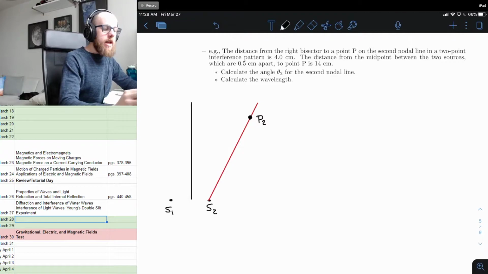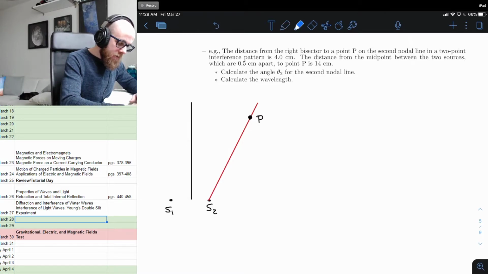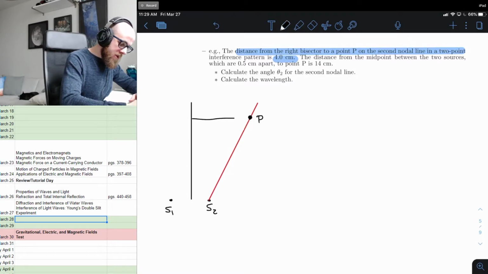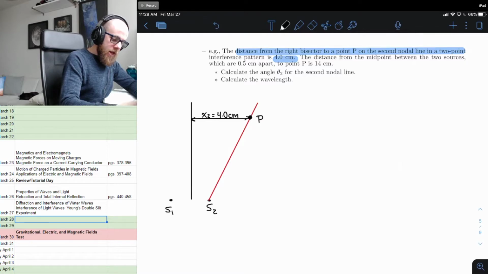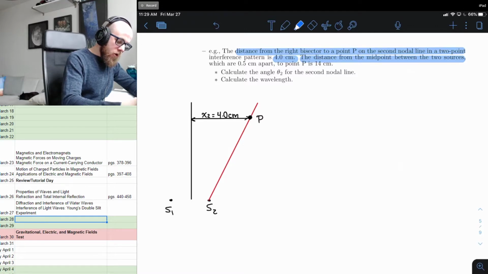I'm going to call this point P. Now, in this question, I am told that the distance from the right bisector to a point P on the second nodal line in a 2-point interference pattern is 4 centimeters. So this distance here is 4 centimeters. I'm going to call that x2 is 4 centimeters. I'm also told that the distance from the midpoint between the two sources, which are 0.5 centimeters apart, to point P is 14 centimeters.